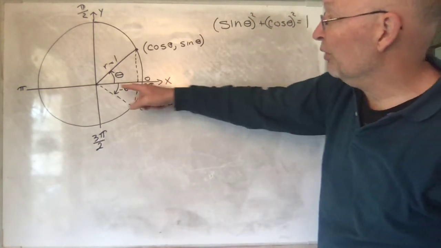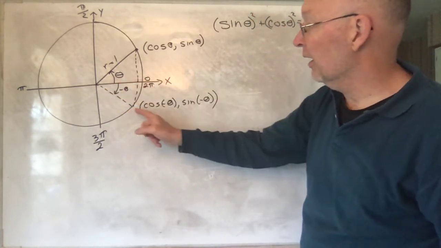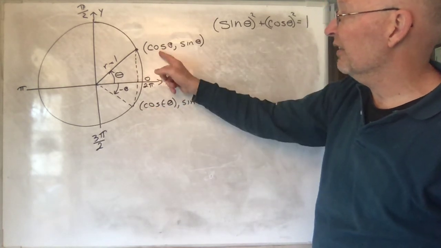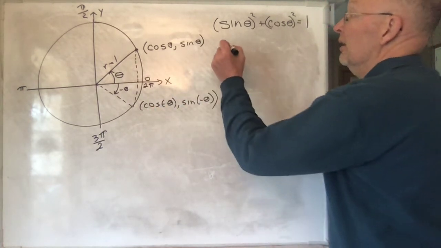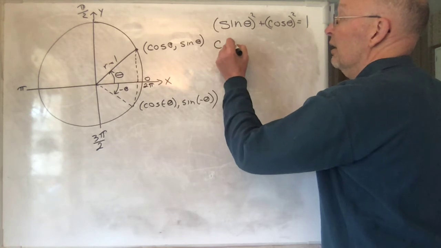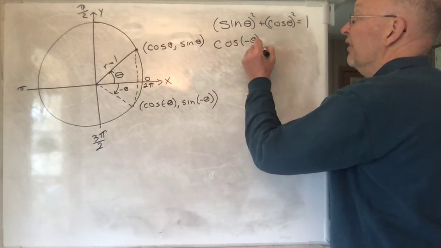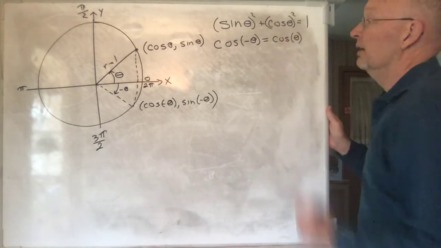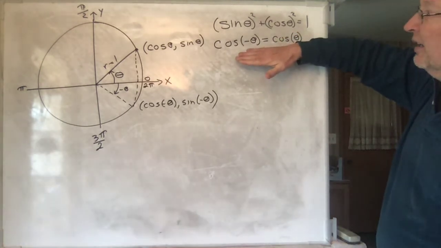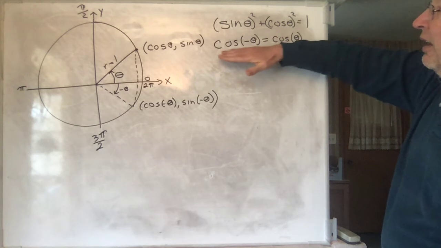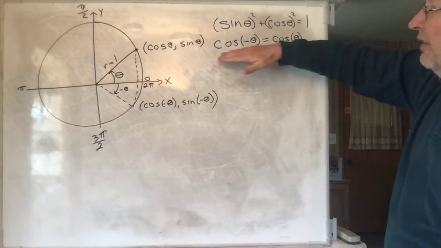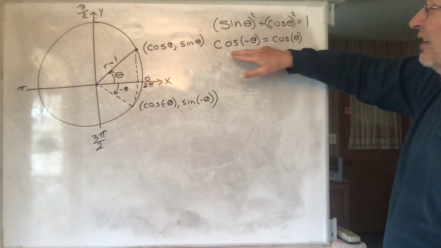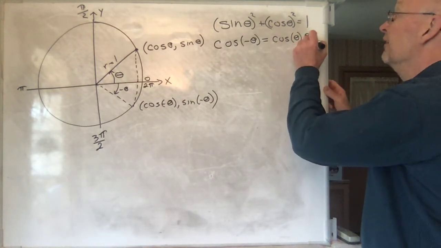Notice that the cosine, that is the x-coordinate, of negative theta is exactly the same as the cosine of theta. What did I just say? The cosine of negative theta is the same as the cosine of theta. What kind of function did we say in the previous lesson this is all about? A function that satisfies this is called an even function.